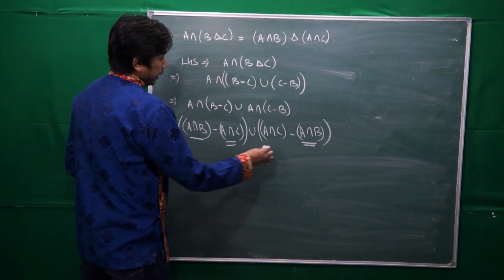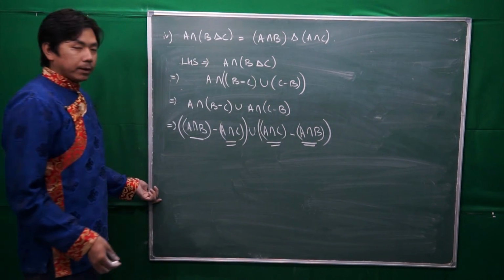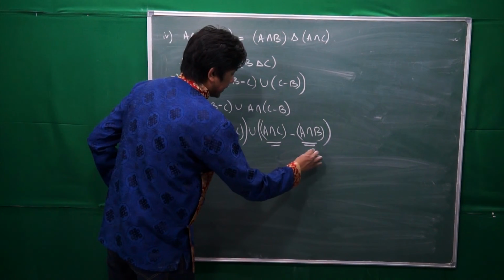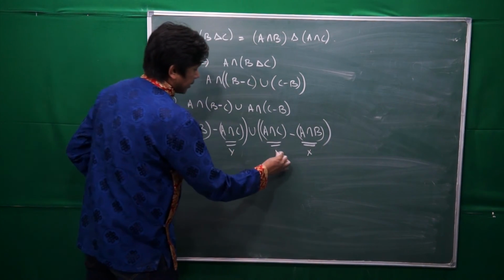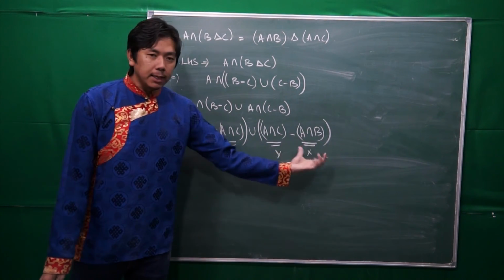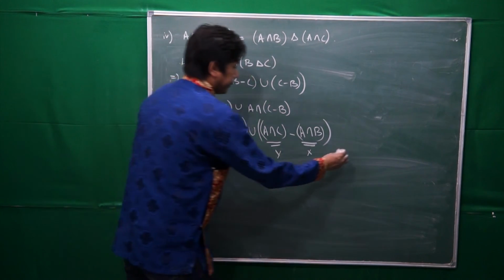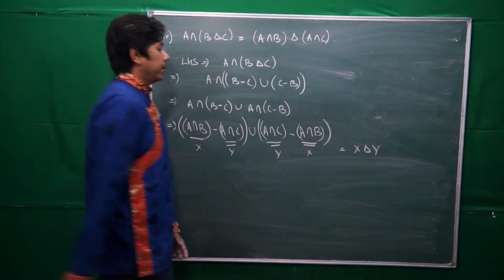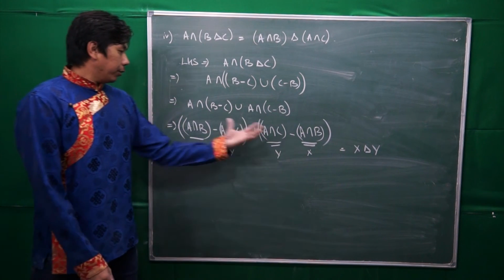Similarly, A intersection C and A intersection C. If you place this as X and this is X and this is Y and this is Y, you can see clearly that X minus Y union Y minus X is equal to X symmetric difference Y.